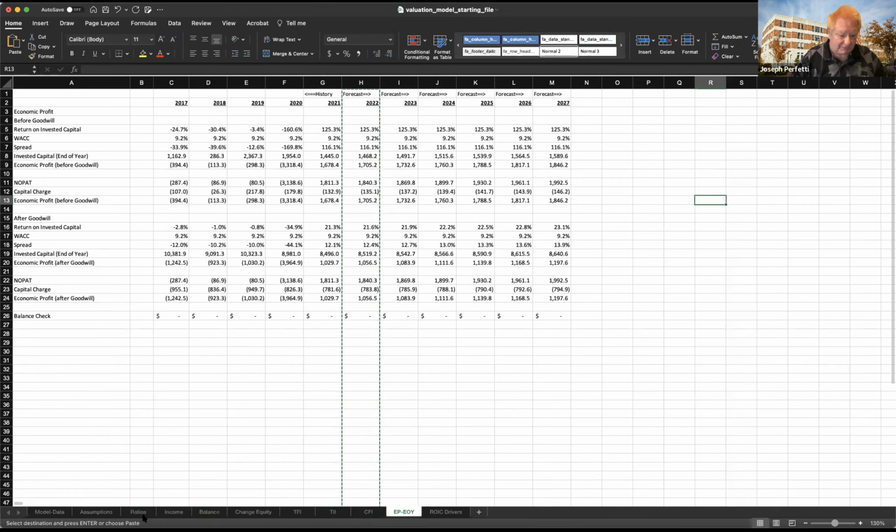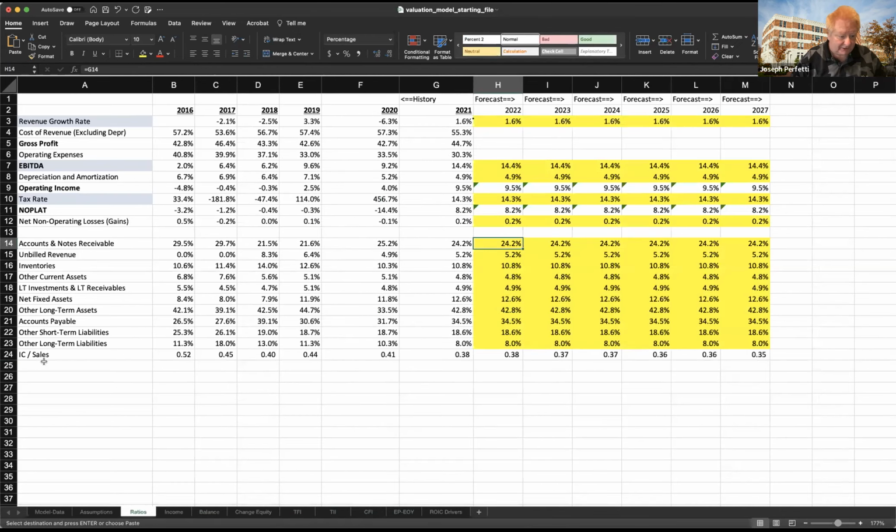And you'll also notice in the ratios that these ratios of invested capital to sales are now filled in, because by filling out the balance sheet, we've created invested capital and it's created that ratio for the future. This is where we're about to pause today with what I'll call part 1 of your model.